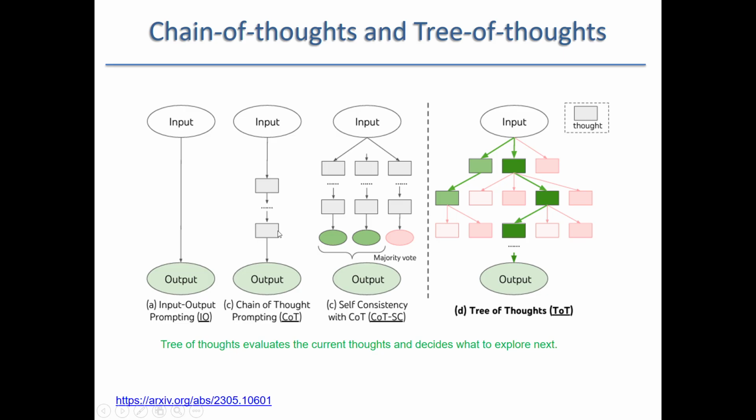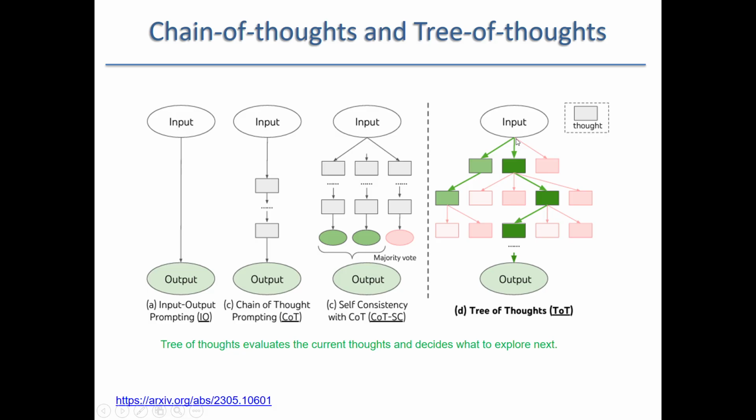Each step can be considered to be a thought. Then we have self-consistency chain of thought. That is, we have multiple reasonings, and then we compute kind of an average or majority vote of the different outputs to produce our final output. And this tree of thoughts is a different approach.